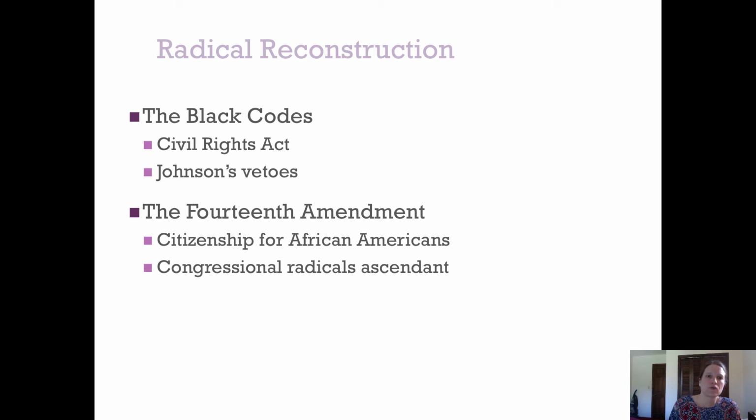Okay, we're going to talk about radical Reconstruction. We've got two things that come out of radical Reconstruction: the Black Codes, and the 14th Amendment. The Black Codes were written to give white Southerners substantial control over their former slaves.